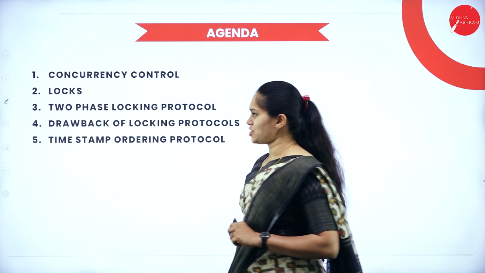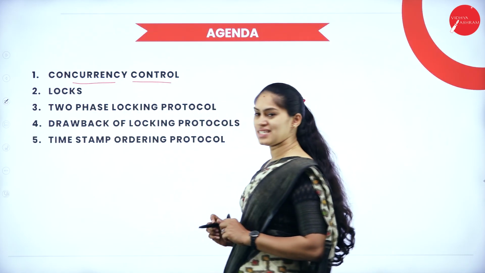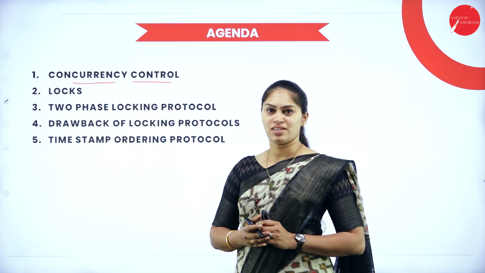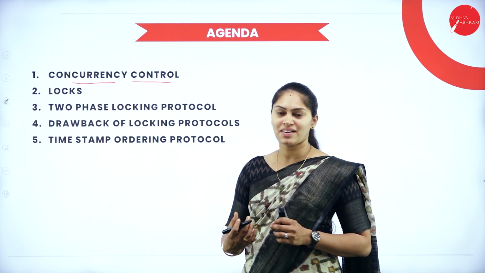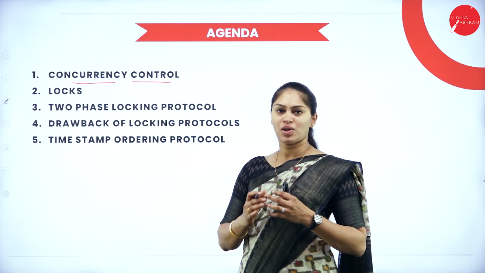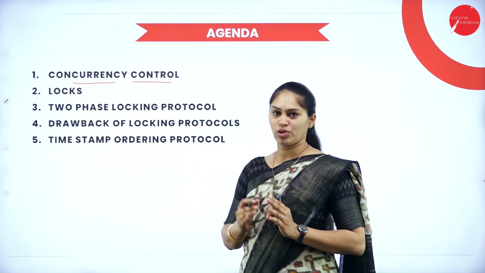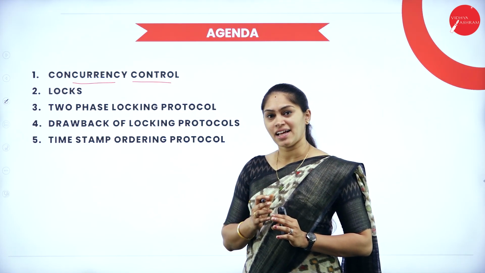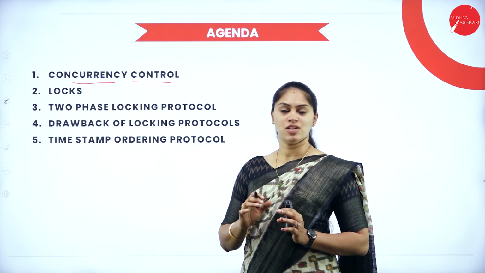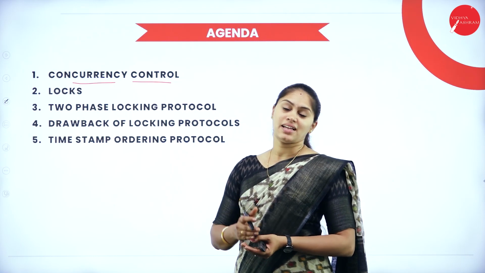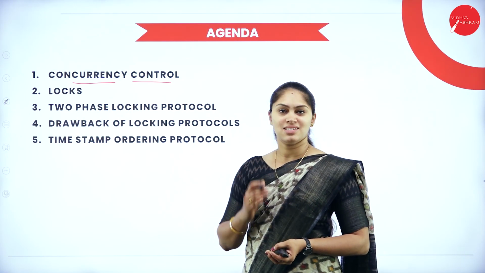In today's session, we are going to see about concurrency control. Already we know about concurrent execution, right? If more than one person is trying to access the same content at the same time, if all are trying to access the same data, then we call that a concurrent execution. Then why is control of that concurrent execution required? If you are not able to control this concurrent execution, then that may lead to inconsistency of the data.